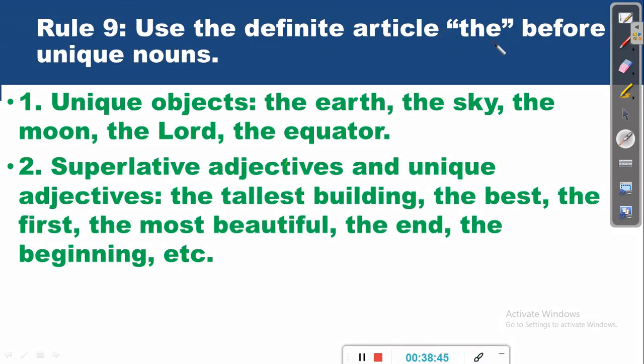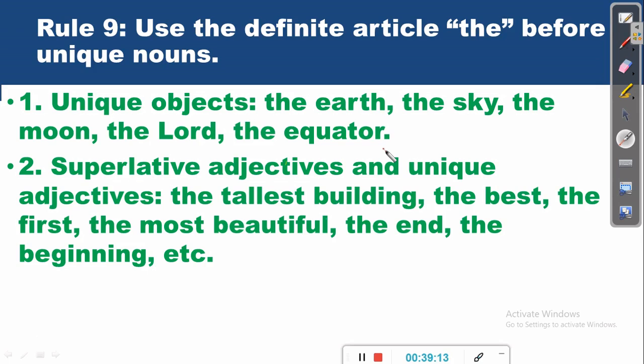Use the definite article the before unique nouns. Some unique objects, such as the earth, the sky, the moon, the Lord, the equator. You know, we use definite articles with unique noun when we are talking about unique objects.